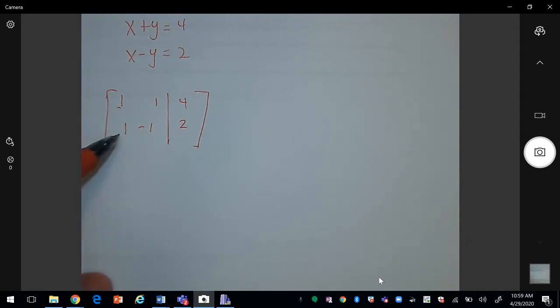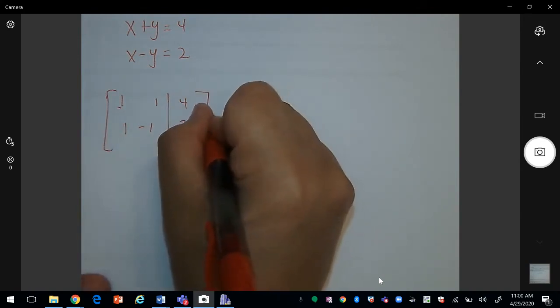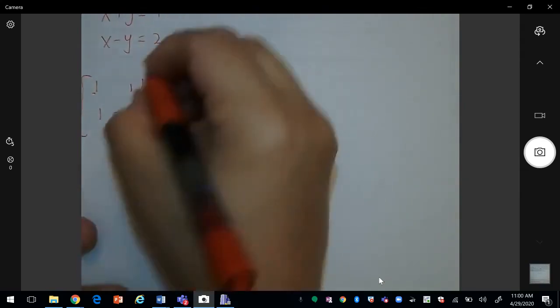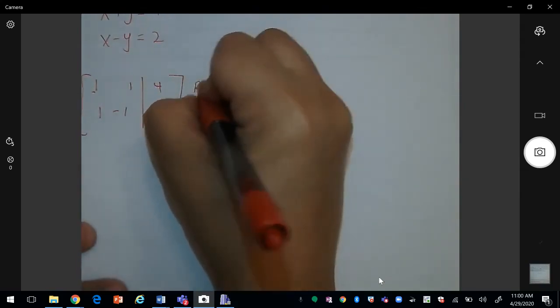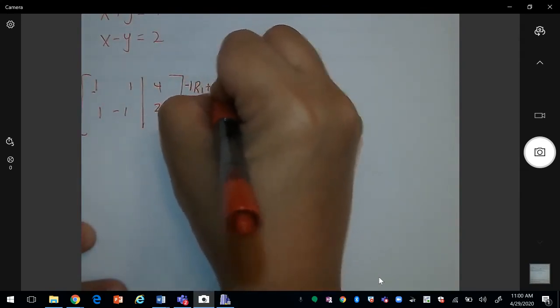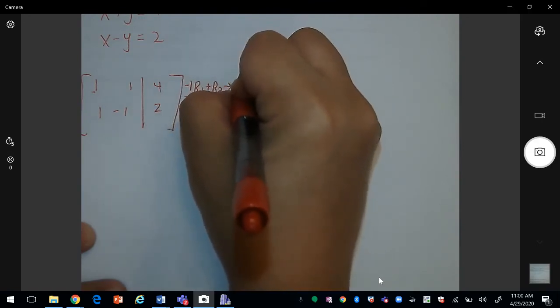Okay, so in order to make this a 0, I need to make sure that when I add the 2 rows, it's going to be a 0. So what we can do is multiply row 1 by -1, add it to row 2, and then place our results in row 2.